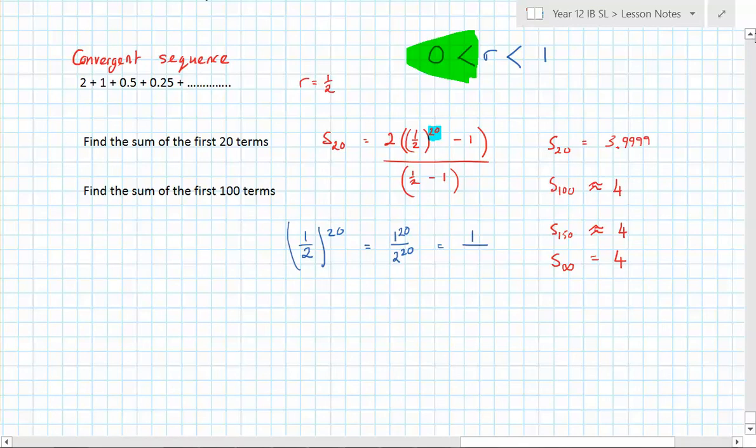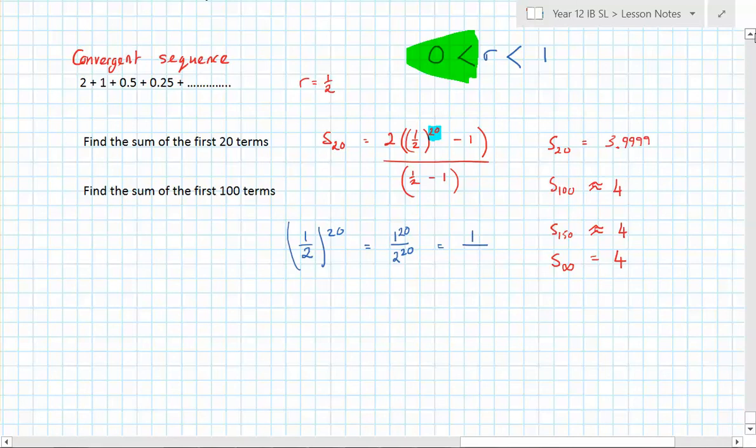Because it's getting bigger and bigger and bigger. And 3 to the power of 100 is huge. 3 to the power of 101 is 3 times as big as huge. Therefore, as you add on, it keeps getting bigger and bigger. There is no sum to infinity when it just gets bigger and bigger, because the whole point is that the value gets smaller and smaller and it makes no difference.